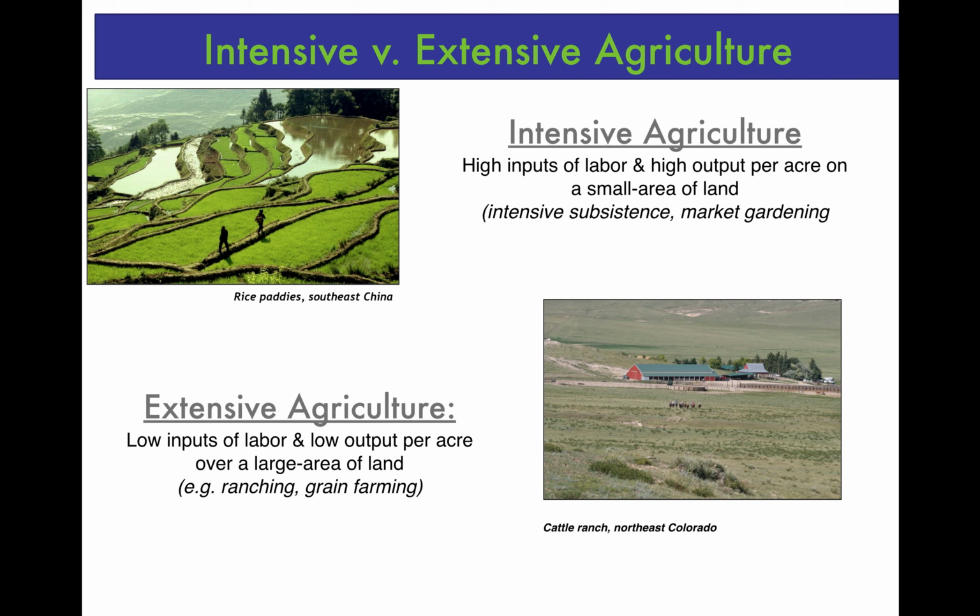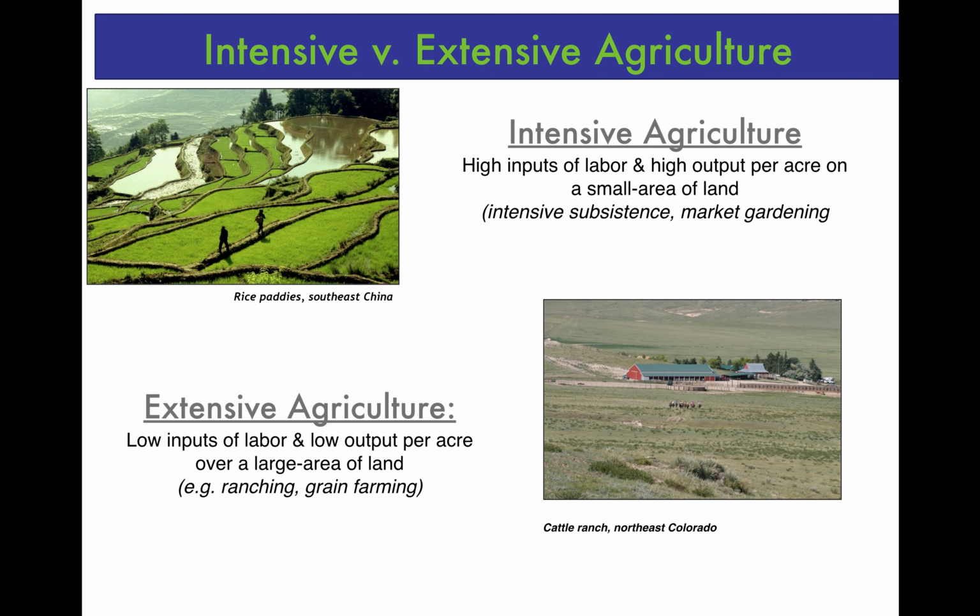So again, with intensive agriculture, I think about investing 100 joules of energy and labor in a small area of land, whereas ranching and grain farming, which you would find on the outermost circle of von Thünen's model, have an extensive area of land, so you're spreading that labor out across a very large area, as opposed to hitting one particular area of land really hard.